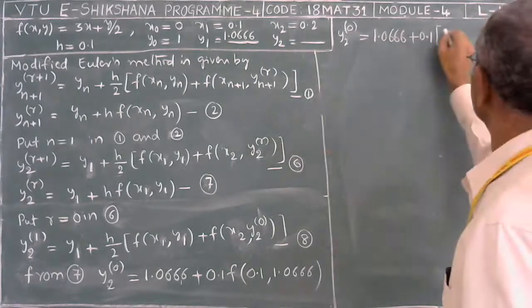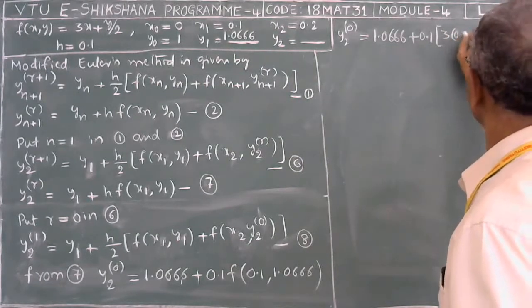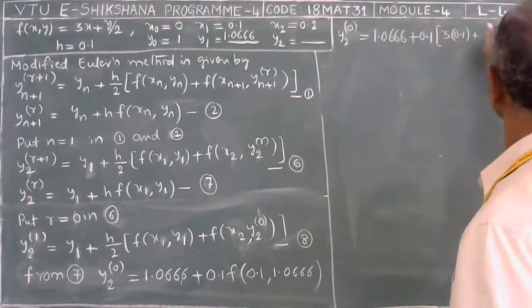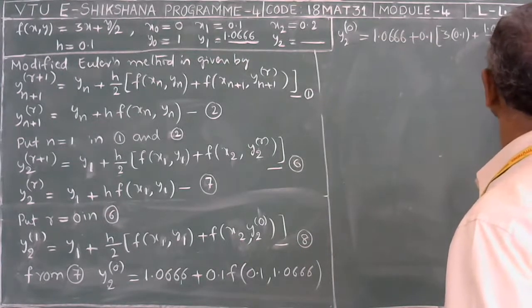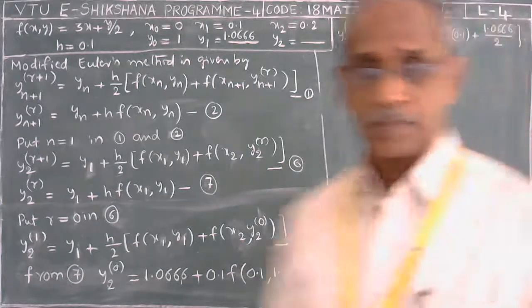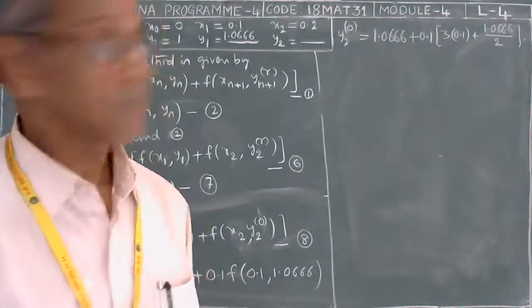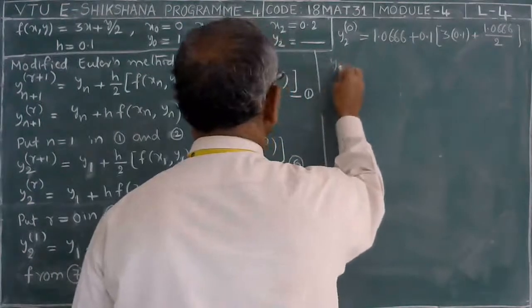By definition this is 3 into 0.1 plus y by 2, 1.0666 divided by 2.